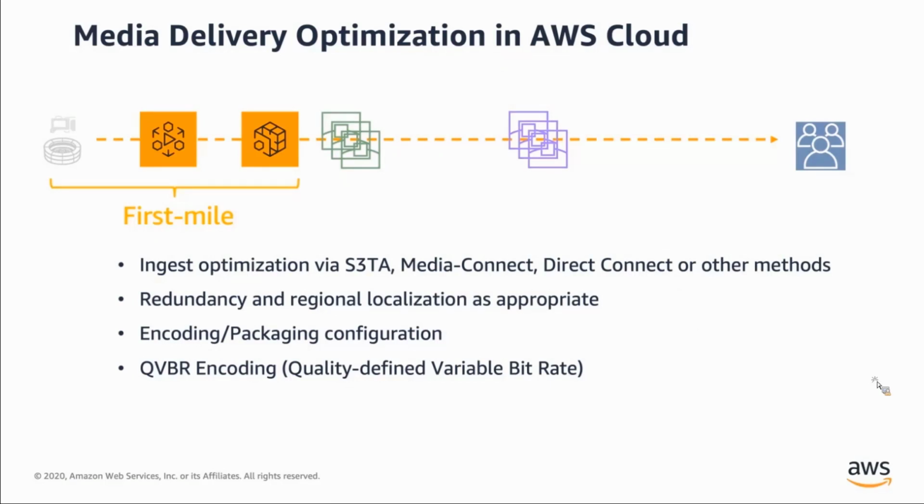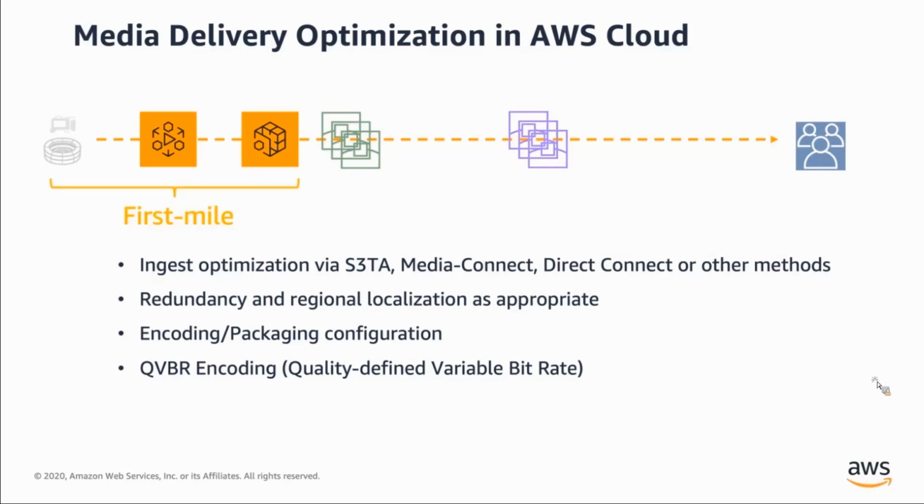In terms of ingest and first mile optimization, there's a number of different features and services available in the AWS portfolio. Things like S3 Transfer Acceleration. So if you're ingesting content into S3 buckets, things like VOD assets, that helps with accelerating that ingest and make it highly reliable. We have Elemental MediaConnect, which allows you to ingest content and distribute that to multiple locations within and without AWS infrastructure.